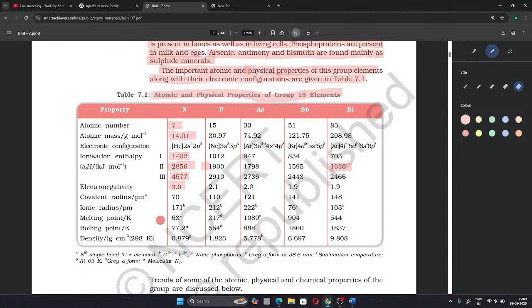Melting point, with arsenic having the highest melting point in Kelvin and nitrogen having the least. As nitrogen is a gas, it does indeed have the lowest melting point.